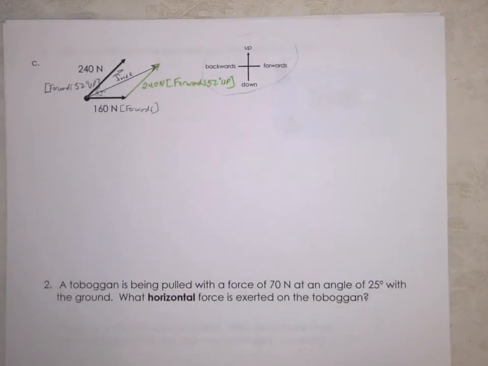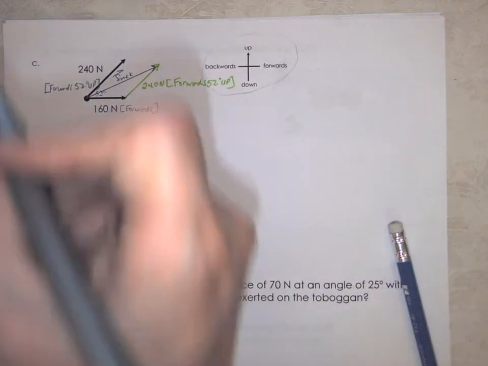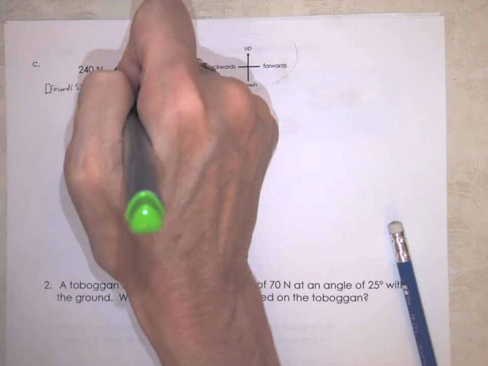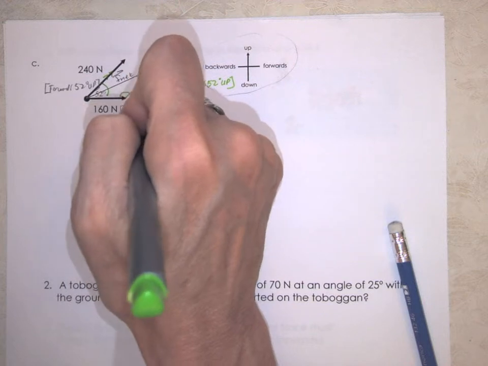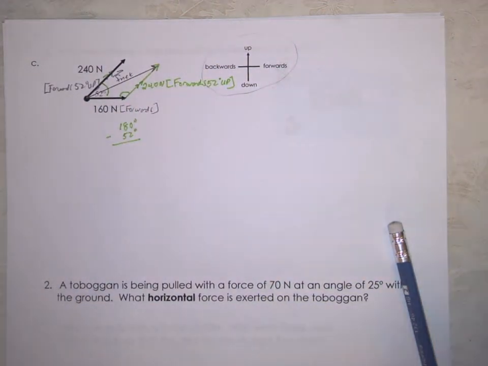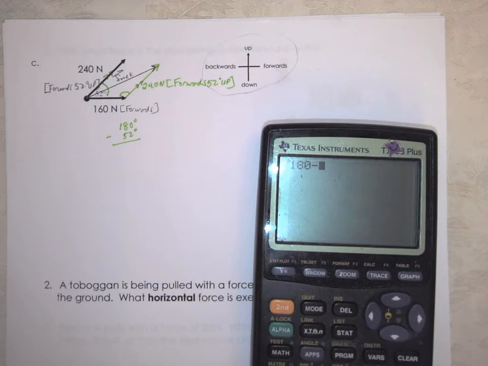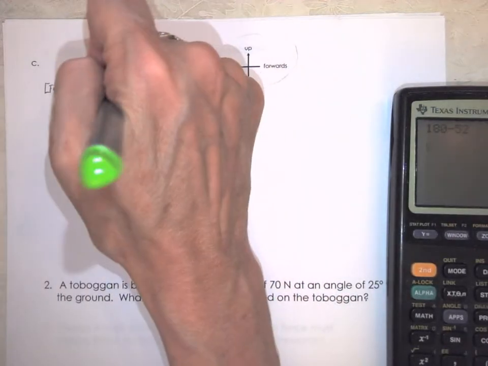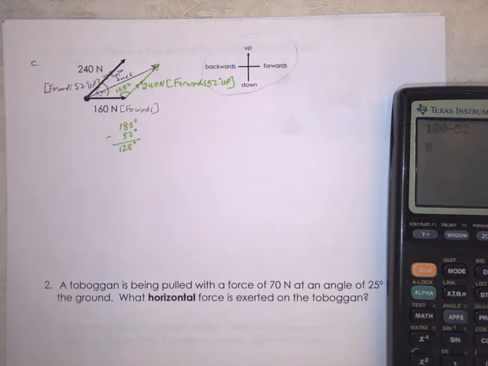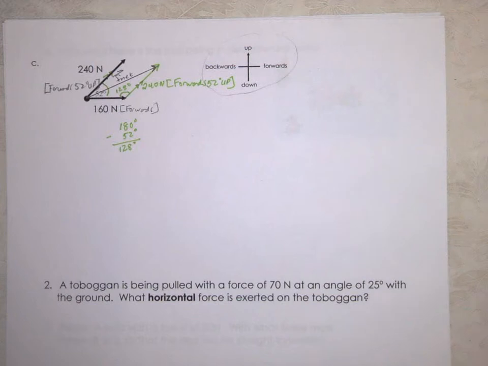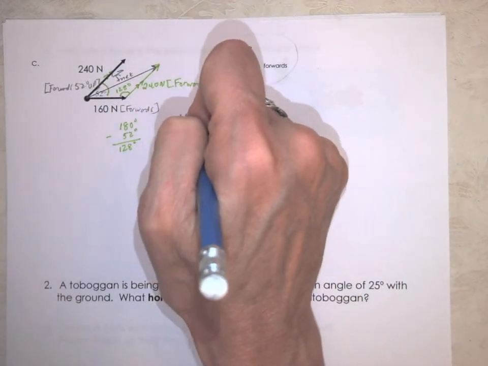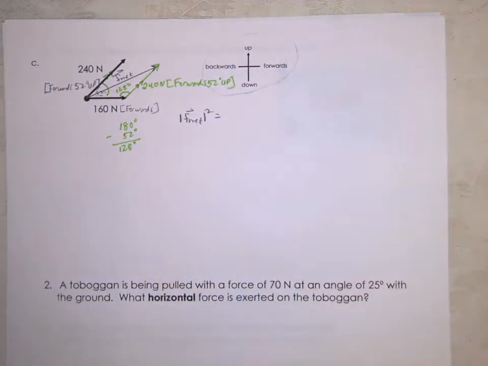Okay, and again, these are parallel. So this angle in here that we need is 180 minus 52, which is 128 degrees. And again, we can use the cosine law. So we can find the magnitude of F net squared using the cosine law.